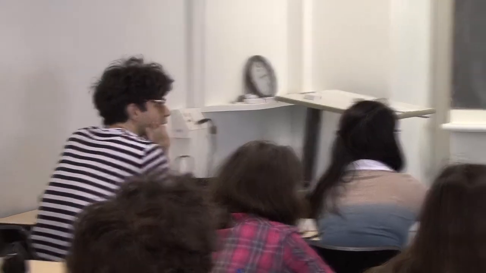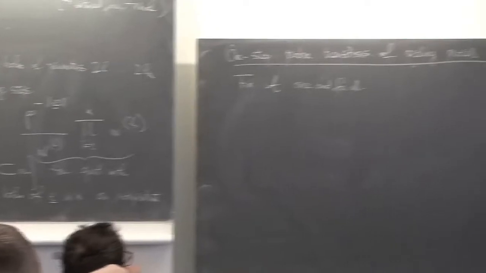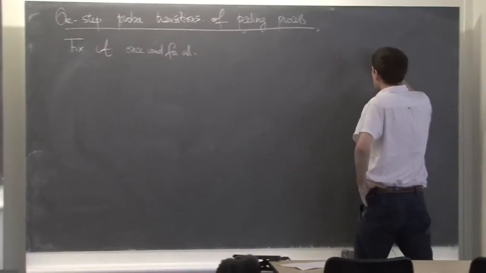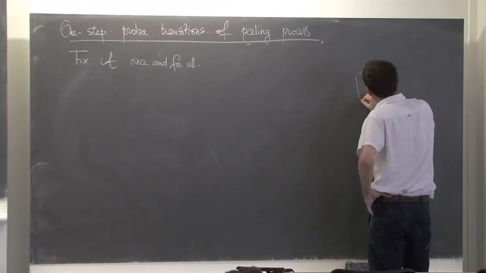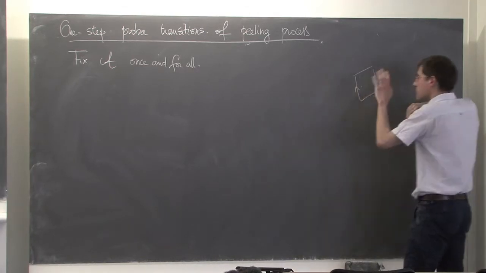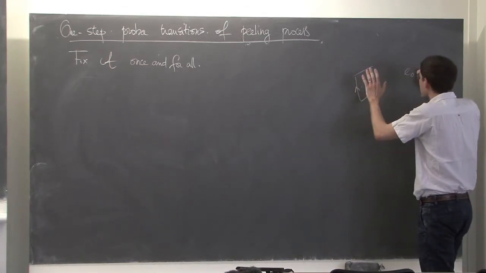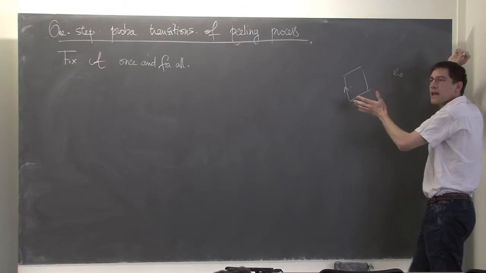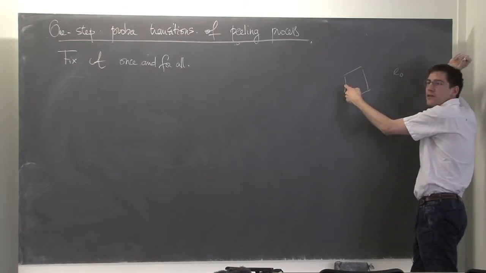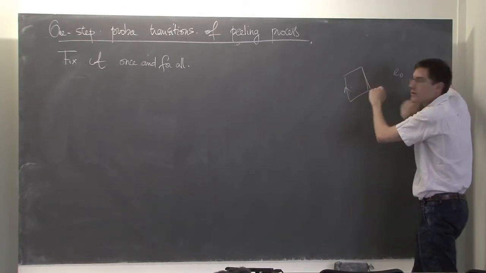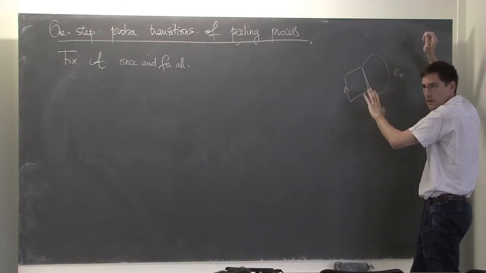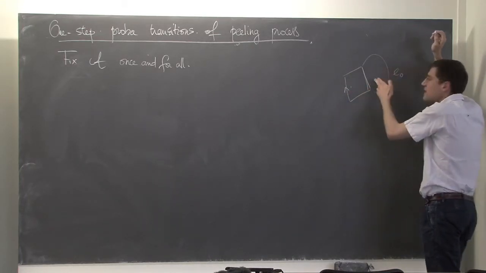Let me give you one example that will maybe solve this. It depends on the peeling algorithm because you start with this. This is the E0, right? It could be that for one peeling algorithm, you never want to peel this one. Say you want to peel this, and you obtain this. Take this map now.